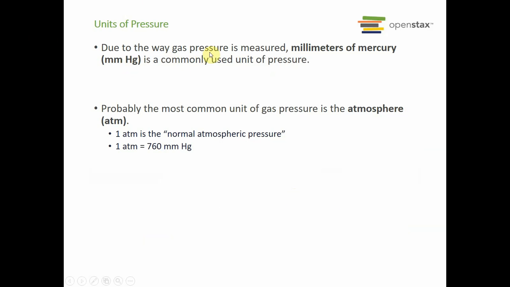Due to the way gas pressure is measured, millimeters of mercury is a commonly used unit of pressure. A column of mercury stands about 1 foot high.